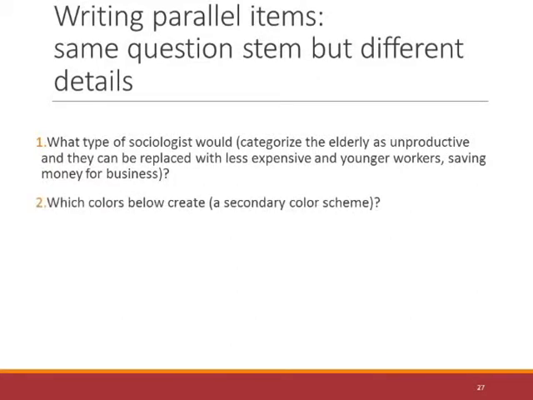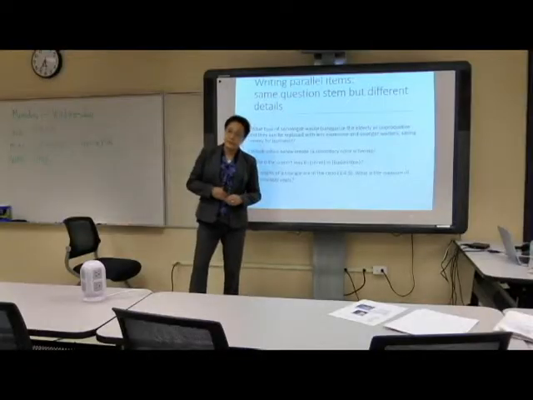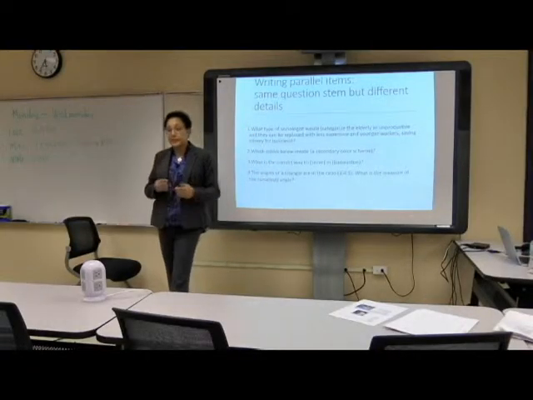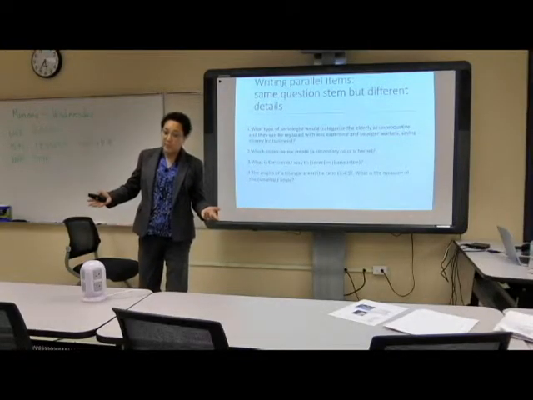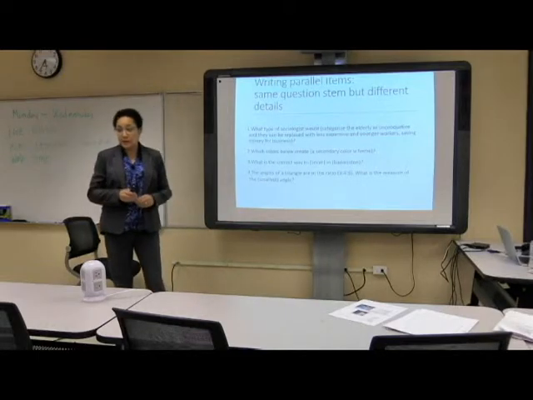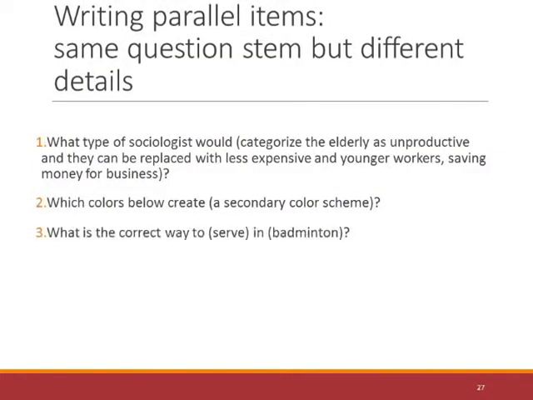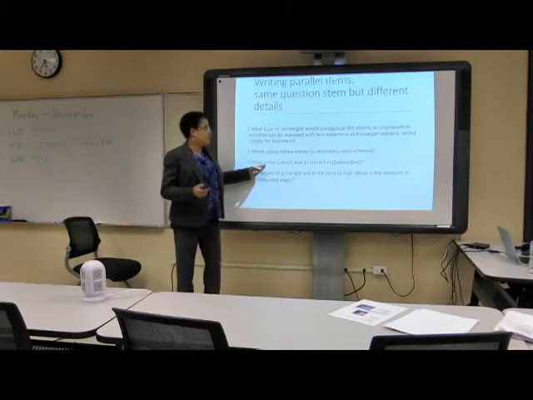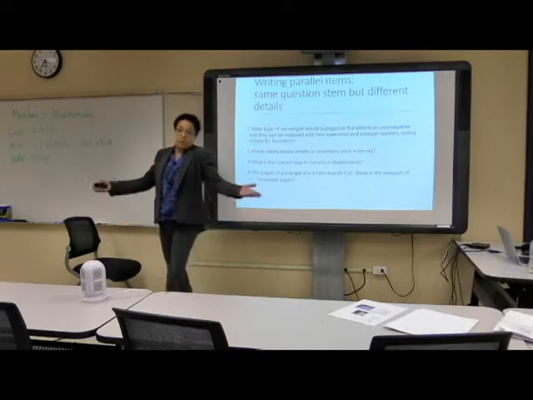Which colors below create a secondary color scheme, primary color scheme, tertiary color scheme? We're at the end of my knowledge now. What is the correct way to do something in something?